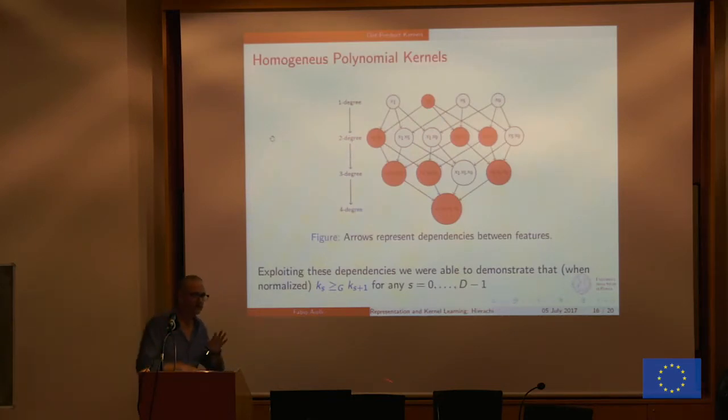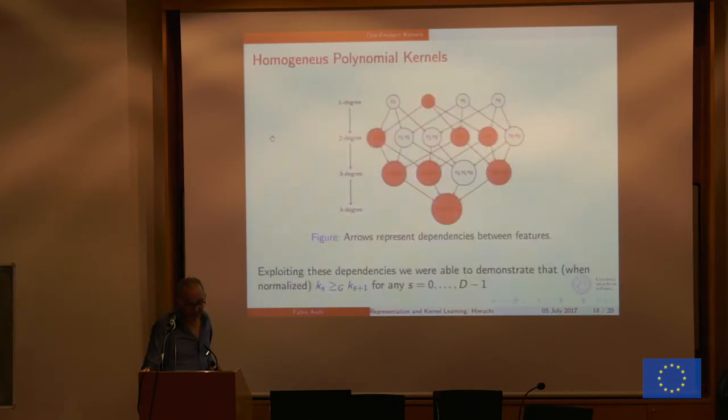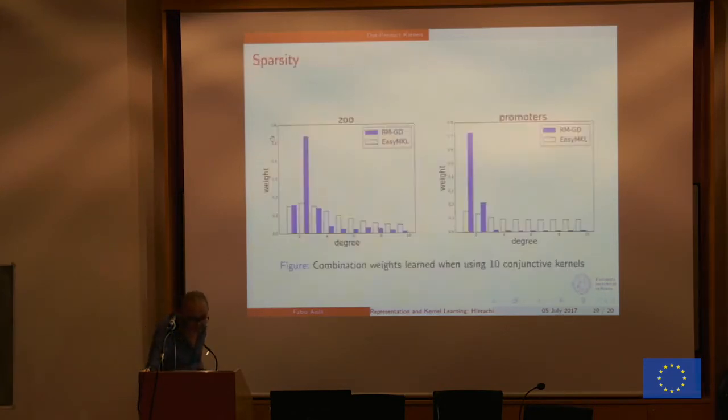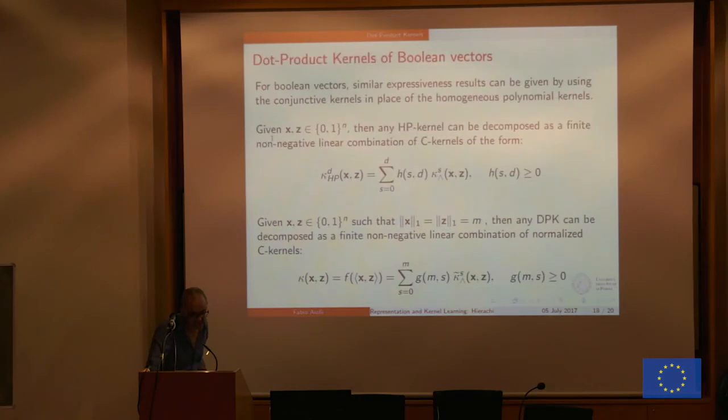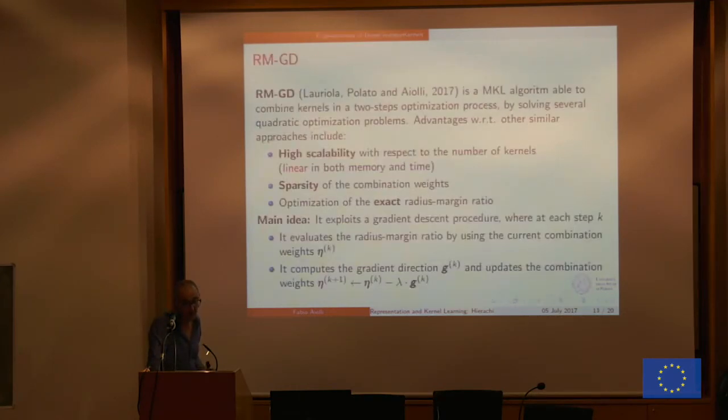Yeah, and also about the convergence time of this kind of method, is it really high? No, not really, because in the case of EasyMKL, it's very simple. The algorithm is very simple, and it requires a time which is only linear with the number of kernels that we use.